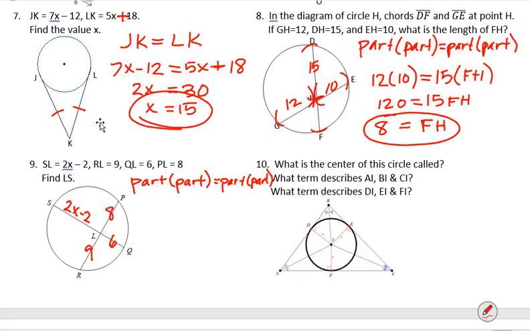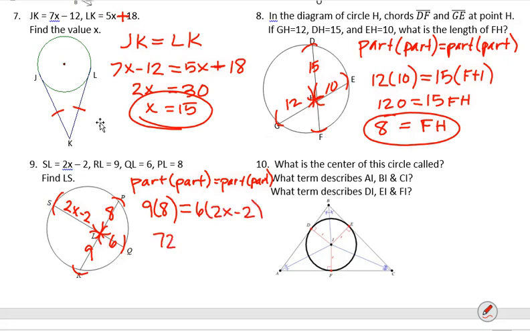So I'm going to multiply this part times that part, 9 times 8, and set that equal to the 6 times our 2x minus 2. 6 times 2x minus 2.